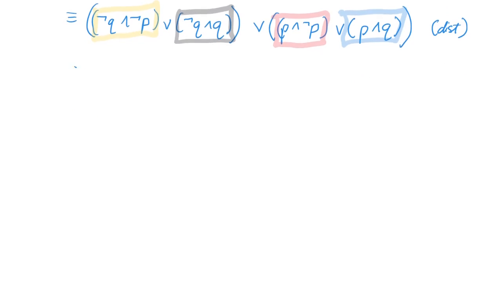Well, I noticed that there is this negation Q, conjunction Q part, and that seems like a good candidate for the negation law that says that if you take a formula and its negation and you form their conjunction, that is equivalent to just the false symbol. And then I do it again in the next term.